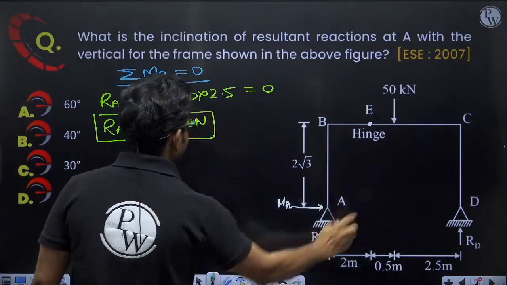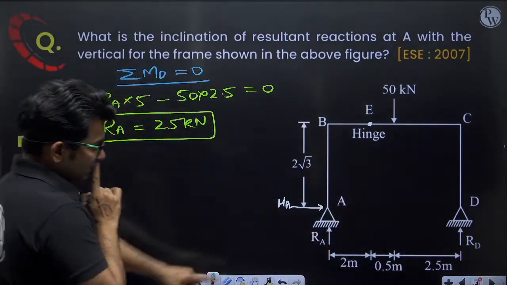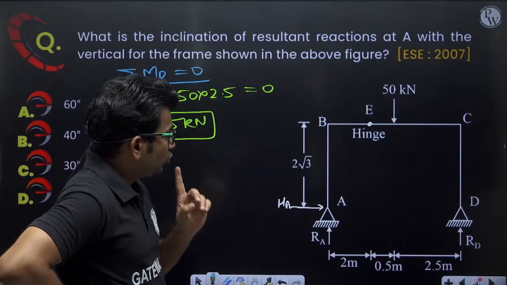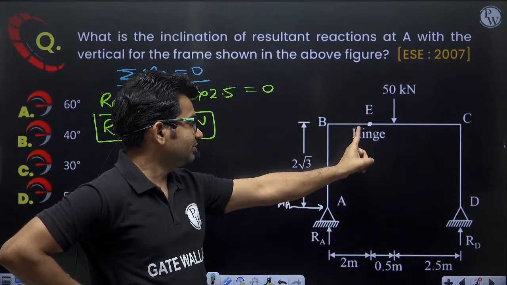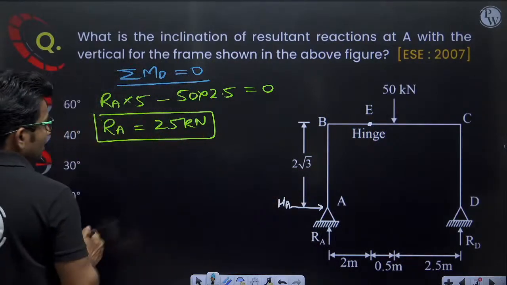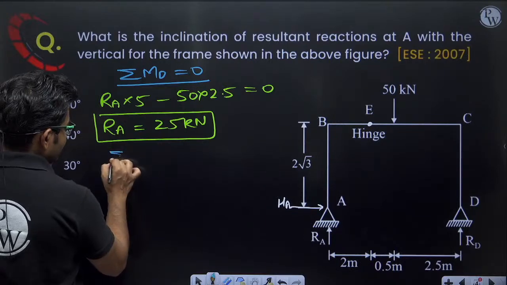Now let us see HA. What will be the value of HA? How to find it? If I take summation of moment about E equal to 0, from the left side, then I will find the value of HA.